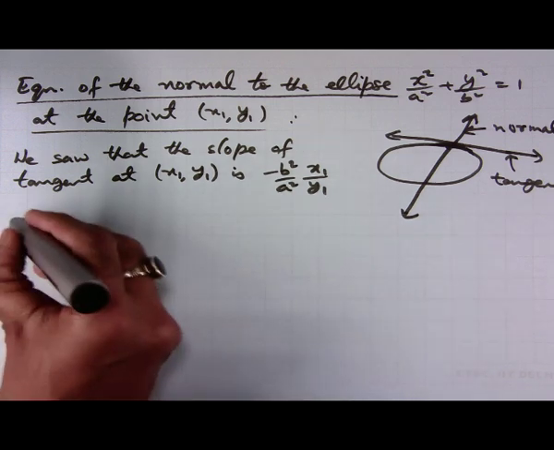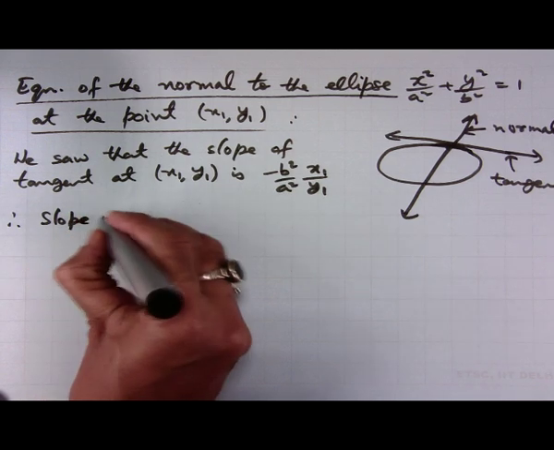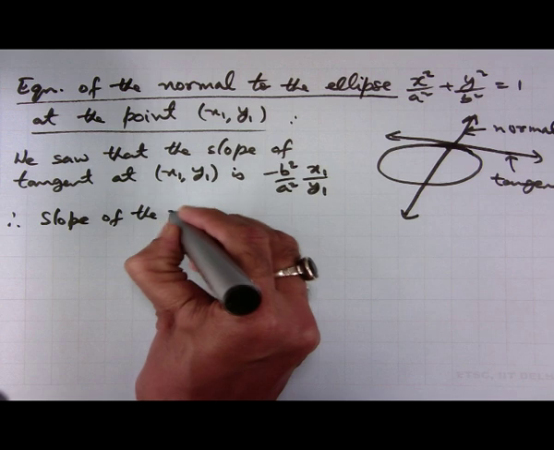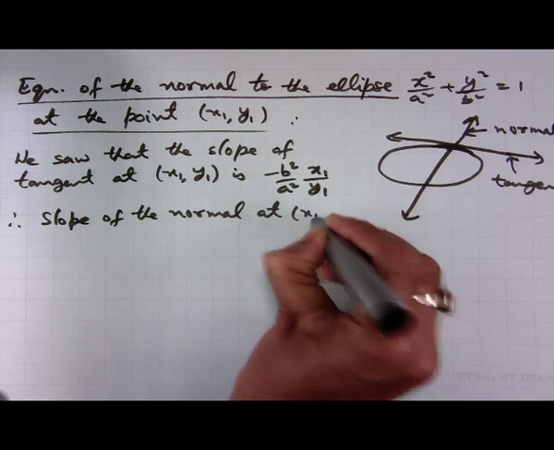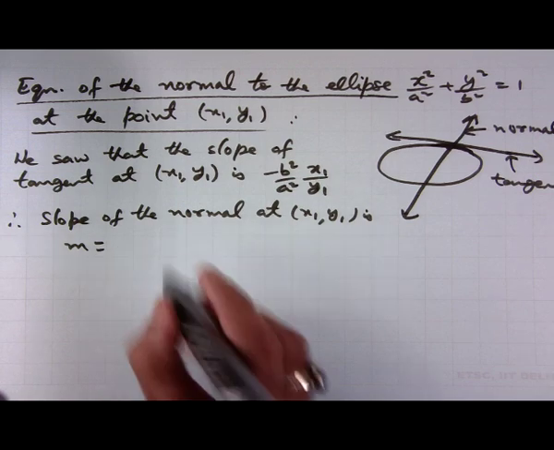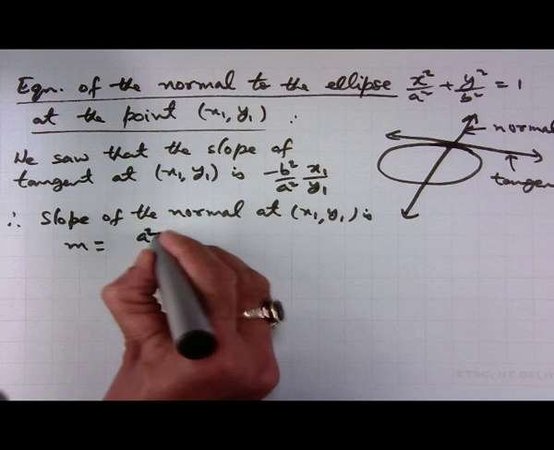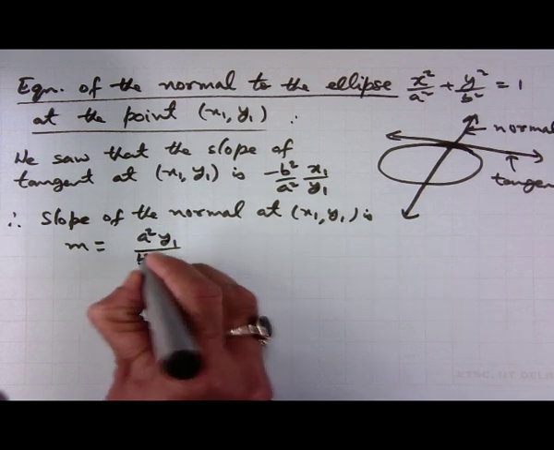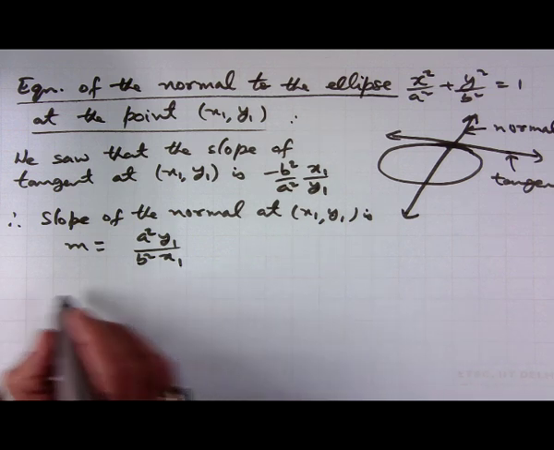Therefore, the slope of the normal at x1 y1 is given by m equal to minus 1 by this, which is a square y1 by b square x1. Once we know the slope, we can write down the equation.